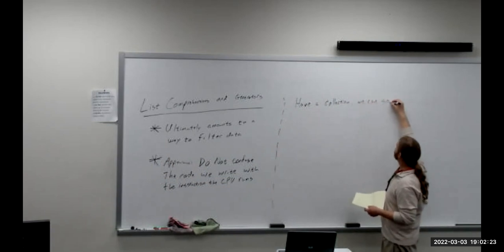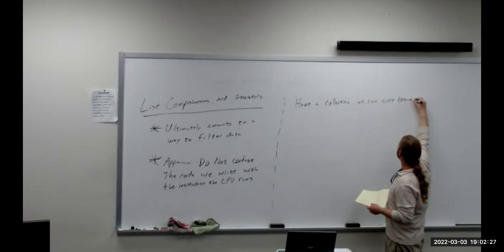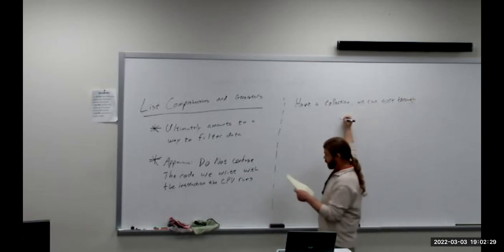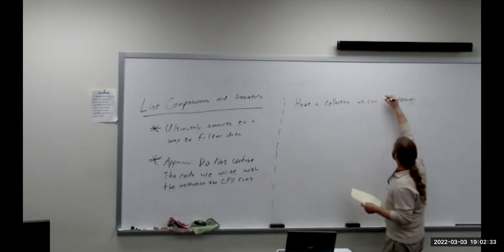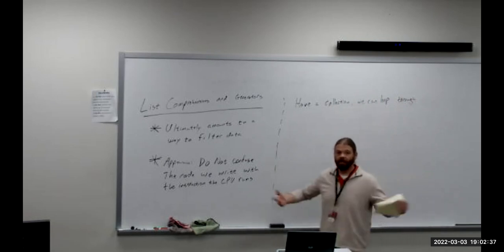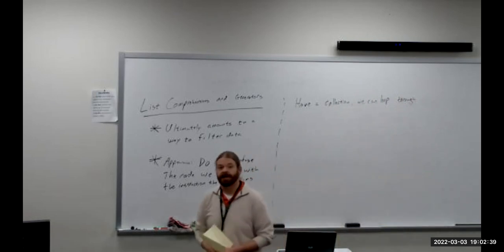We can sort through a collection we can loop through, a whole bunch of things. That's what a for loop does, right?